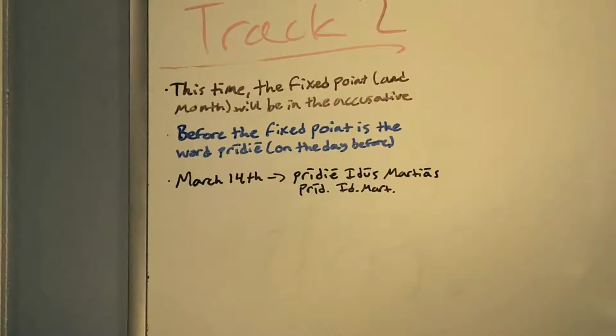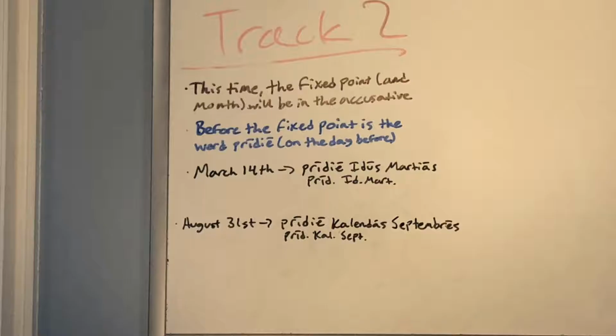Let's take 2 more examples, the first of which will be August 31st, which is the day before the calends of September. This would be pridie calendas septembres. Remember, with September and the other third declension adjectives, you have to be using the long es ending because that's the accusative plural.